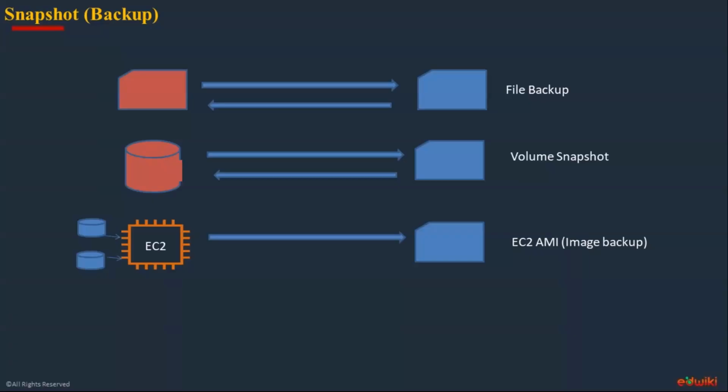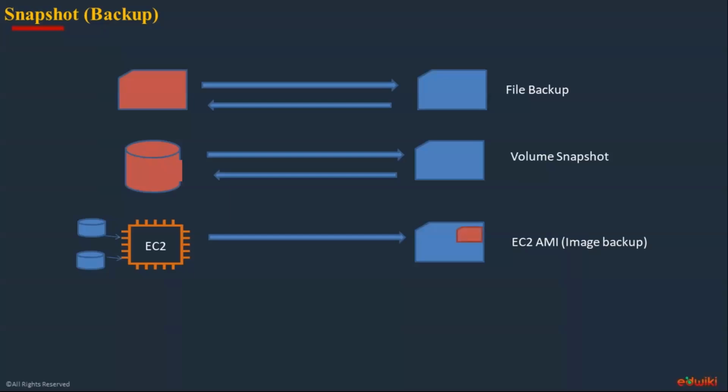So I need to take the AMI backup. An AMI backup is nothing but the image backup. The whole EC2 server will be considered as an image formatted backup, and that backup will help us to recover your whole EC2 server again, guys. I'll show you how that is done in a while.